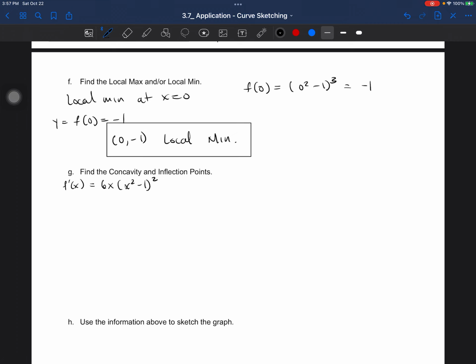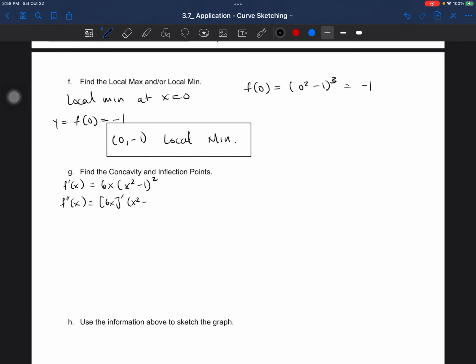That gives us 6x times x squared minus 1 squared. All right, so that's your first derivative. To find the concavity and any inflection points, we have to take the second derivative. So we need to take the derivative of the first derivative.